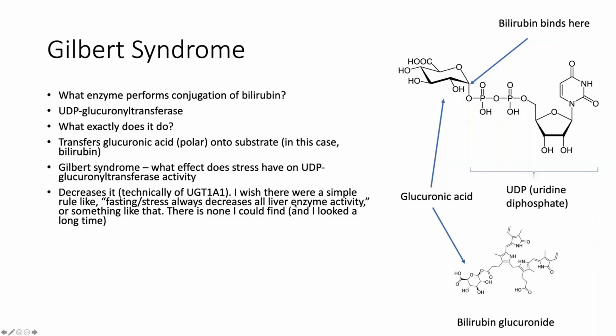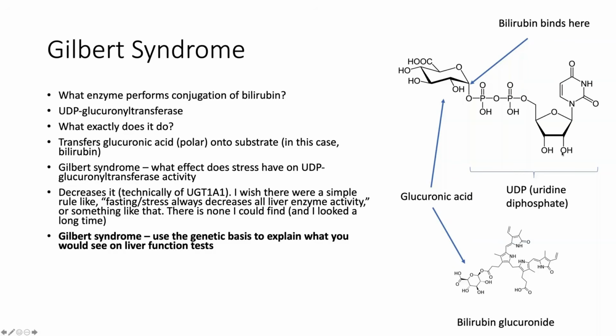It really is quite complicated. This is just one of those facts you have to either accept or memorize. But remember, the classic Gilbert case is some poor medical student that's stressed and doesn't eat because they're cramming for a test, and then their eyes turn yellow because they've got an unconjugated hyperbilirubinemia because their UDP glucuronyl transferase activity goes down.